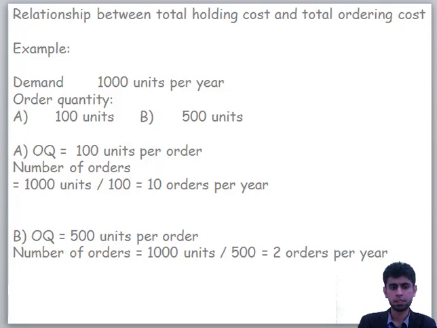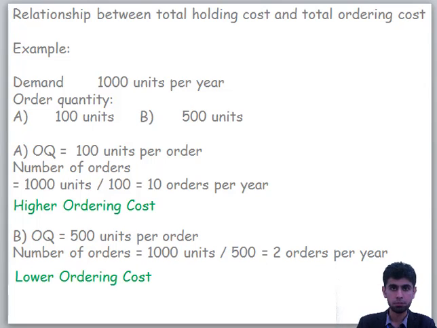Now you can compare the number of orders for situation A and situation B. The number of orders for situation A is higher than for situation B. This shows us that the ordering cost for the first situation is going to be higher. So we will have higher ordering cost in situation A, and lower ordering cost in situation B. This is because in situation A we have 10 orders per year and in situation B we have only 2 orders per year.